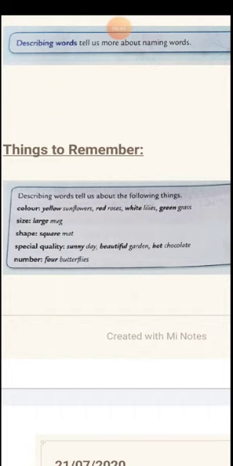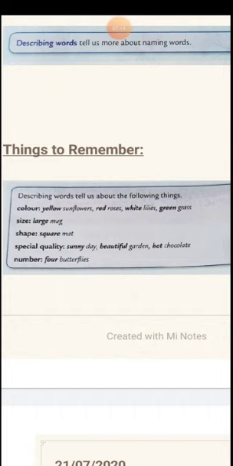Then comes the number. The describing word can also be a number for naming words. For example, butterflies. Here a plural noun is used. How many butterflies? We are using the number to tell it is 4 butterflies. So number 4 is also a describing word when it is used before a noun.